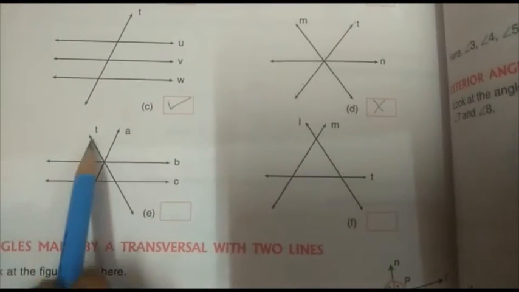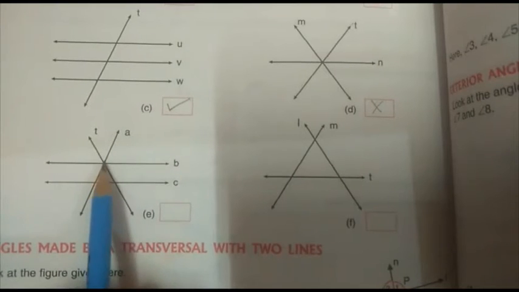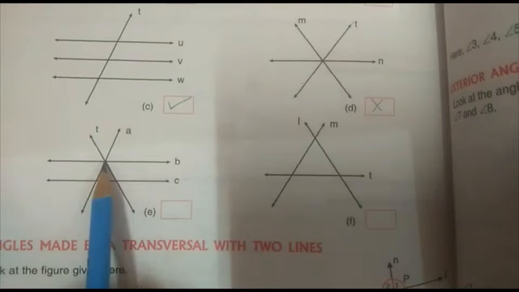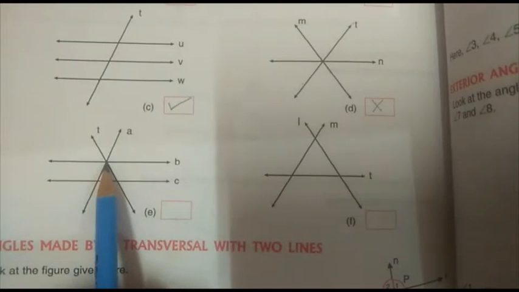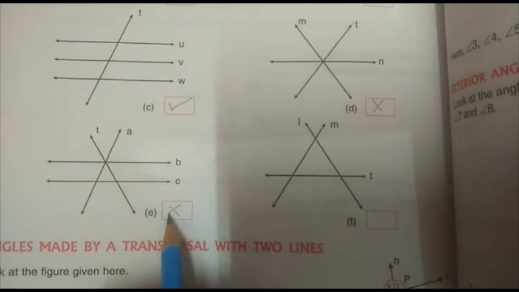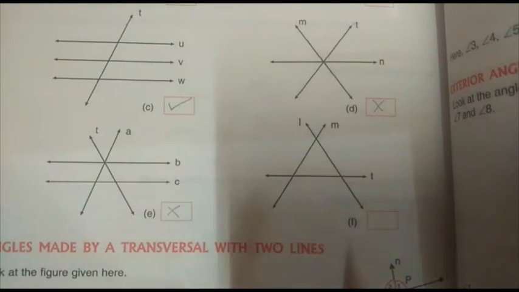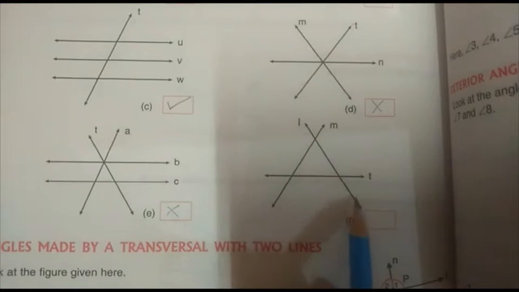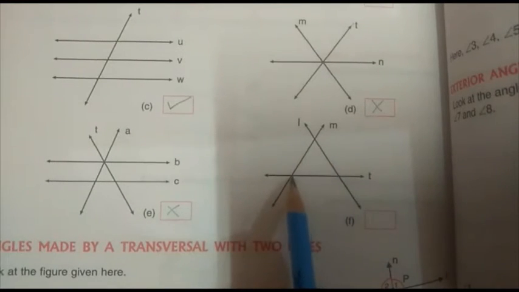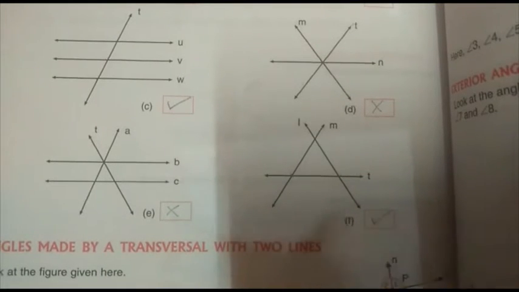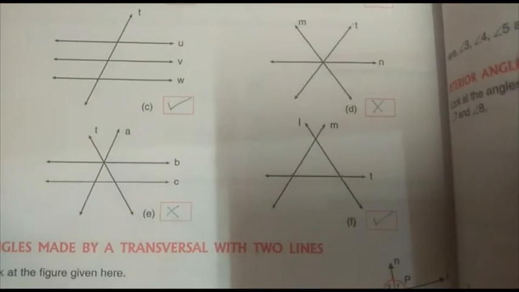Next, T line intersecting A, B and C, but A and B are intersected by line T at the same point. So again here T is not a transversal. In this case T line is intersecting line L and M at two different points. So here line T is transversal.